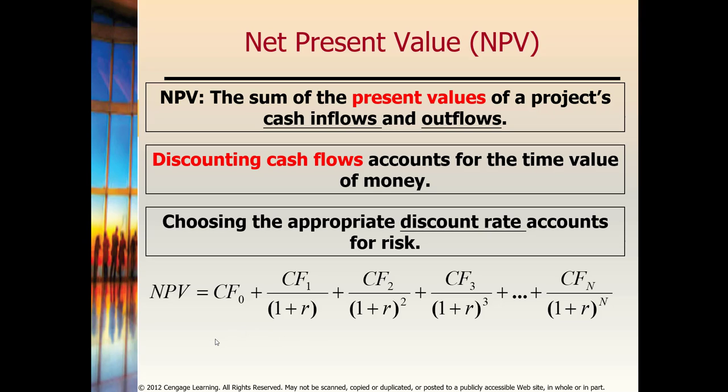It's a little bit complicated, but not that difficult to understand. It considers all the cash flow generated from the project, so it does not ignore cash flow after the cut-off period. It also takes into consideration the time value of money.